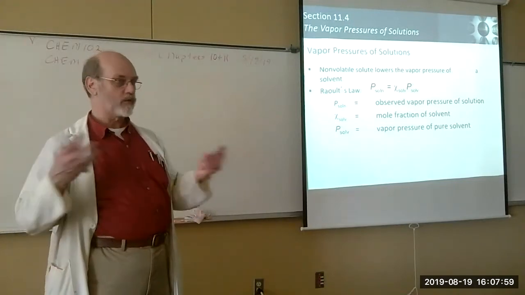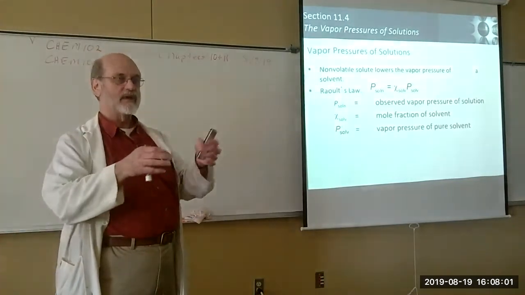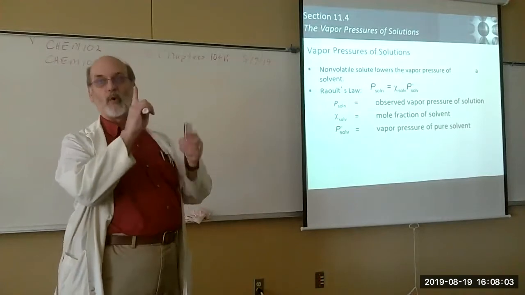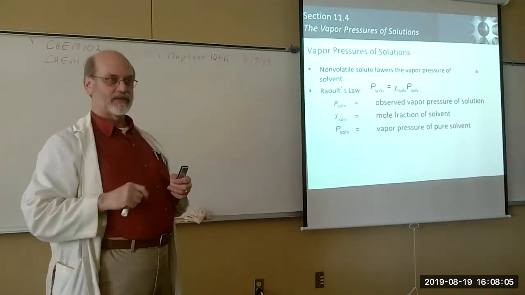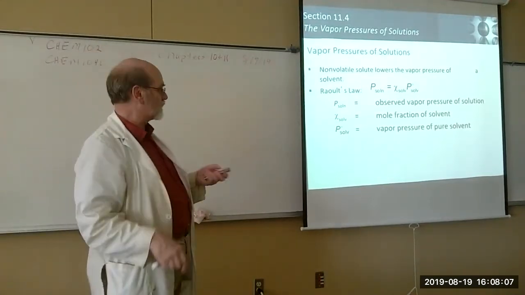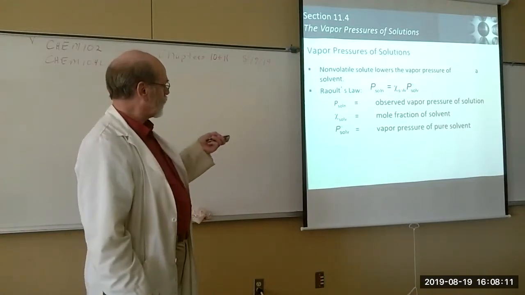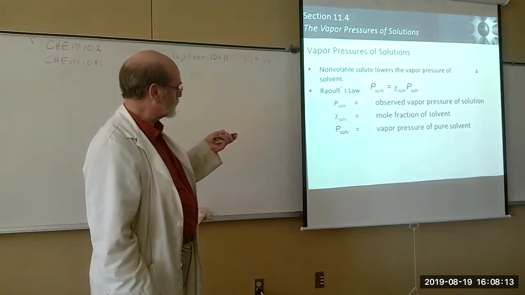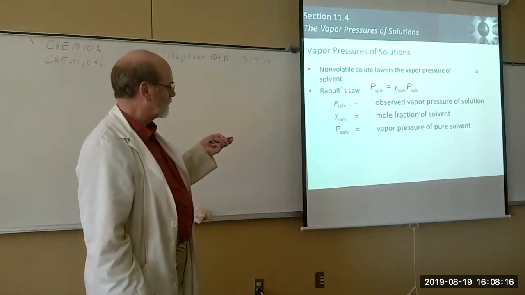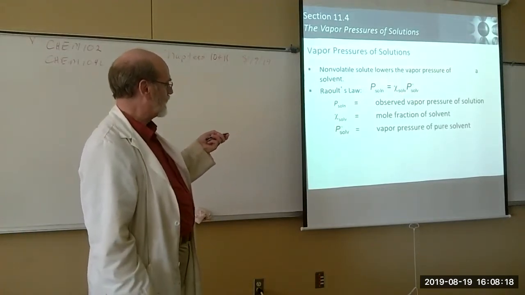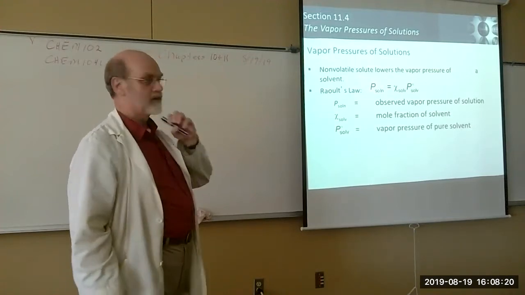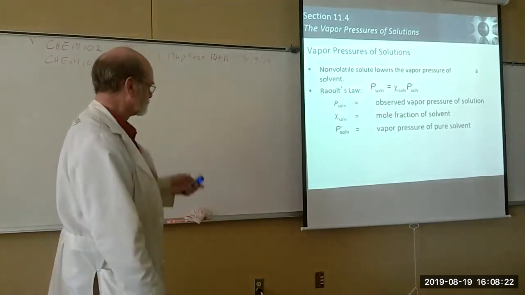There's only 2 of them, and since they're fractions, they have to both add up to 1. So you just subtract that from 1, and you get the mole fraction of the solvent. So we have the vapor pressure of the solvent when it's pure times its mole fraction, and that gives you the vapor pressure of the solution. Very simple.